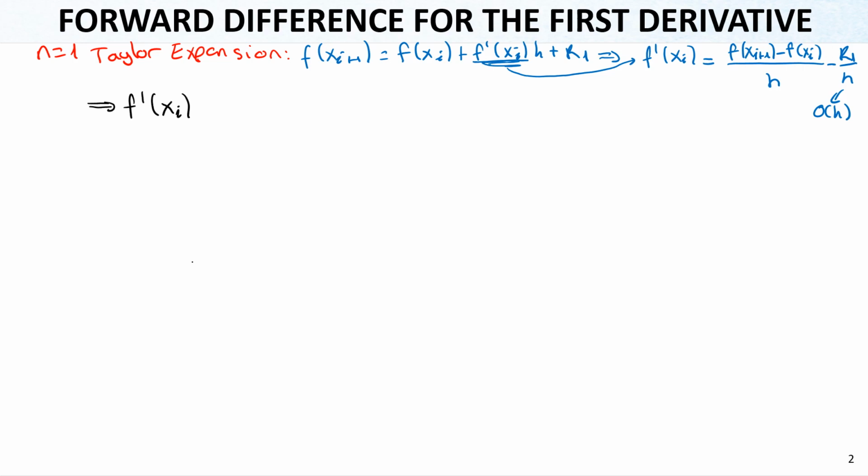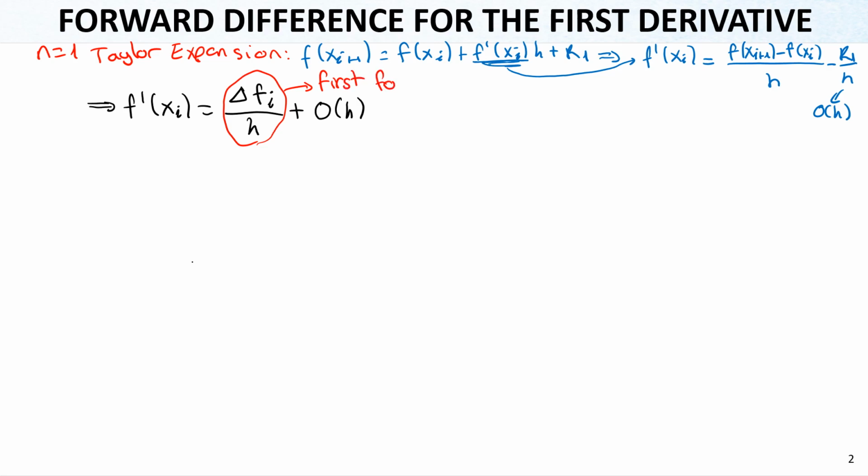The derivative is estimated as delta fi divided by h plus R1 divided by h, which is on the order of h, that's why we call it O(h). Simply, this is now the first forward difference.